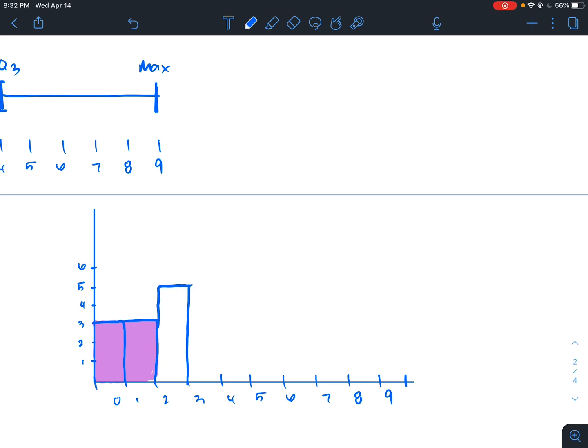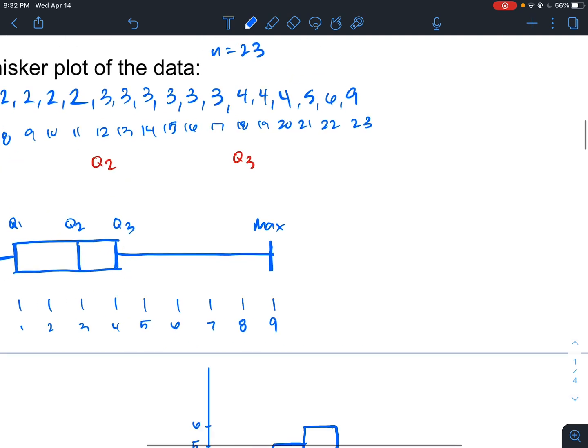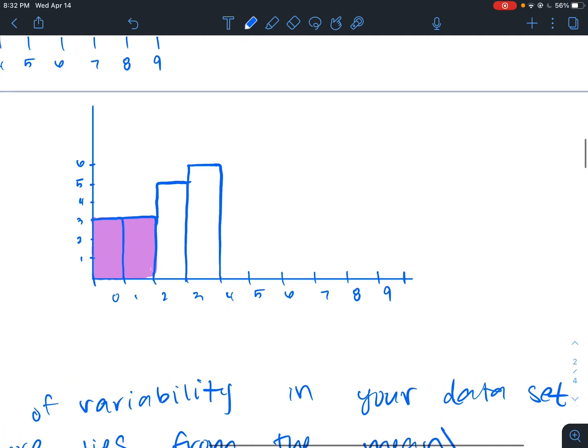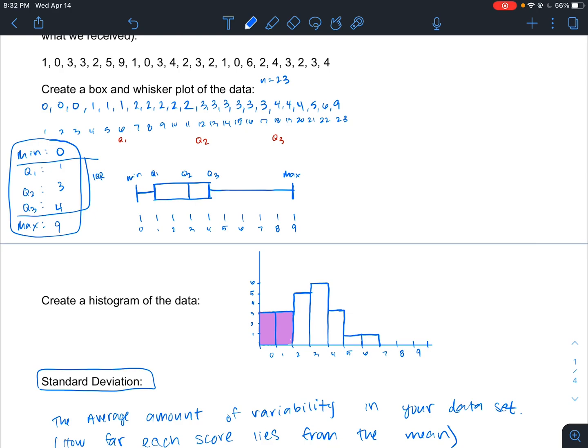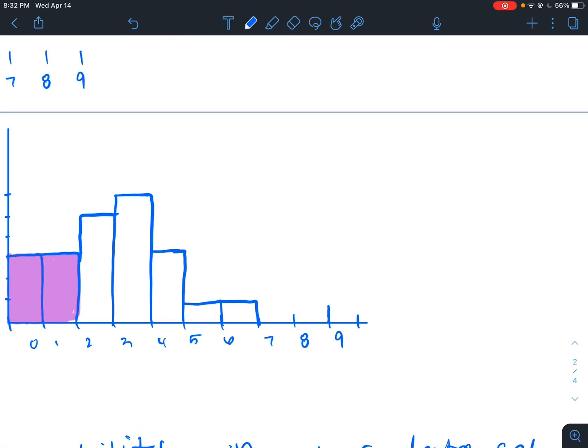For 3 siblings, there was 6. For 4 siblings, there was 3. For 5 siblings, there was 1. For 6, there was 1. For 7 and 8, there was 0. And then we had one that said that they had 9 siblings.